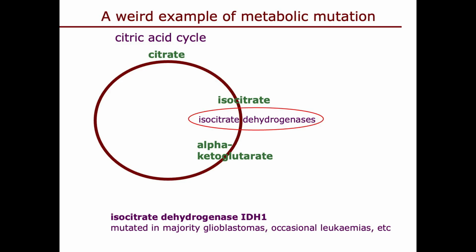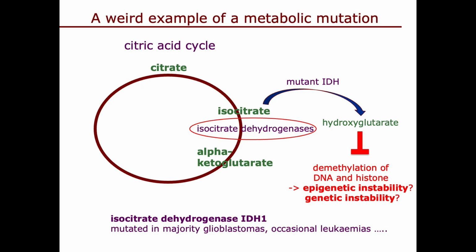The isocitrate dehydrogenases are in the citric acid cycle, and they don't stop the citric acid cycle from working, but they change the specificity of the isocitrate dehydrogenase so that they divert some of the activity of the citric acid cycle into producing a molecule that would not normally be produced by the citric acid cycle.